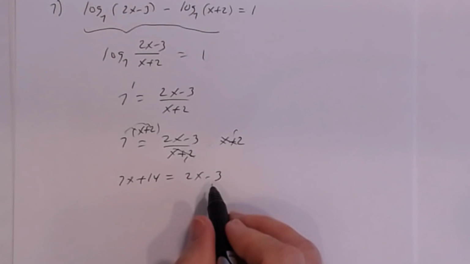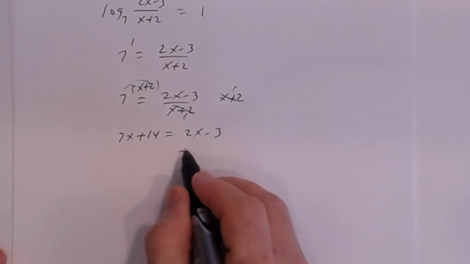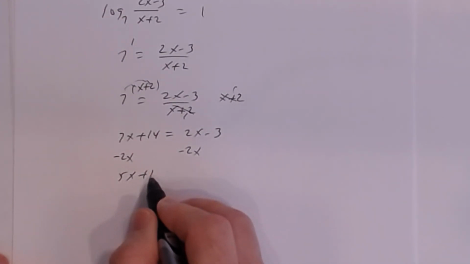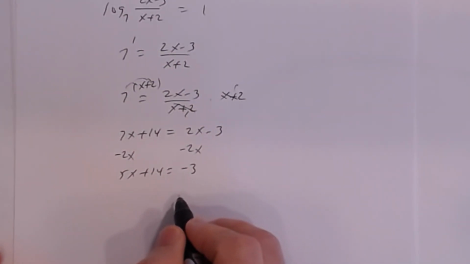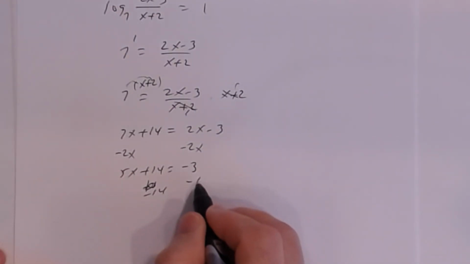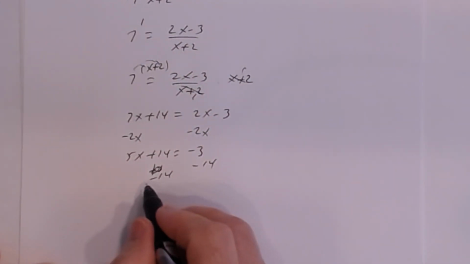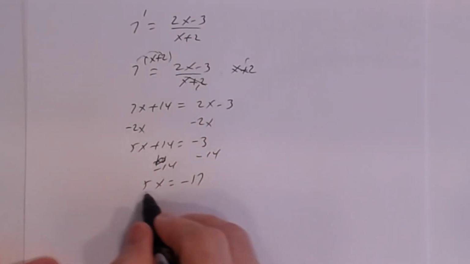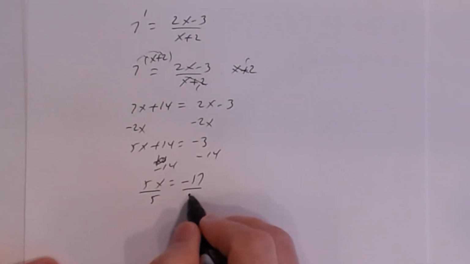So notice I have this linear equation. So I'm going to go ahead and subtract 2x from both sides. So I get 5x plus 14 equal a negative 3. Subtracting 14 from both sides, I get 5x equals a negative 17. Divide both sides by 5.